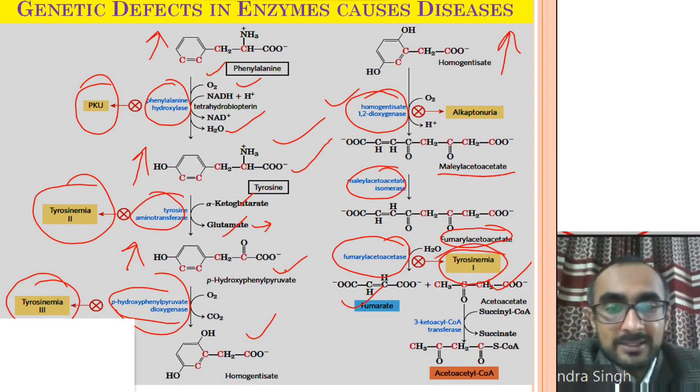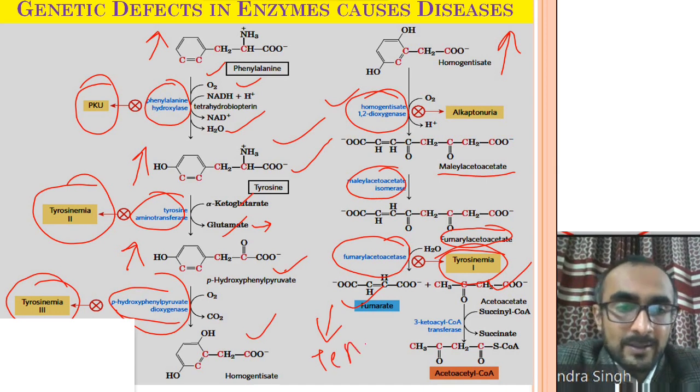And further this fumarate enters the TCA cycle, whereas acetoacetate is converted to acetoacetyl coenzyme A, and then finally acetyl coenzyme A.